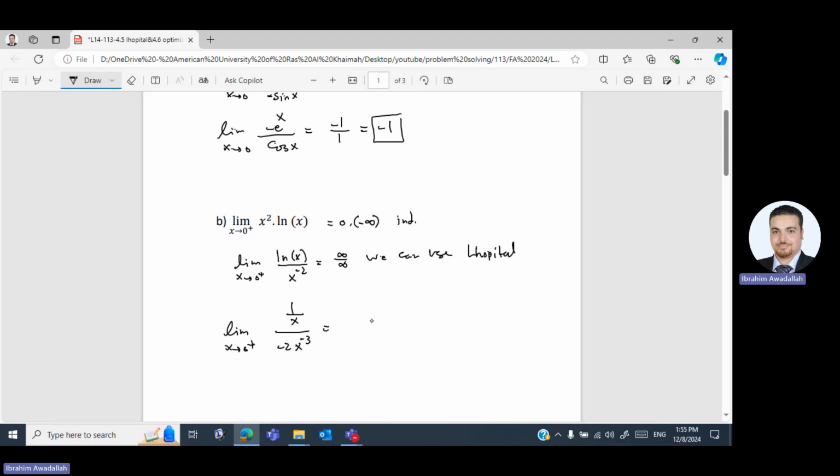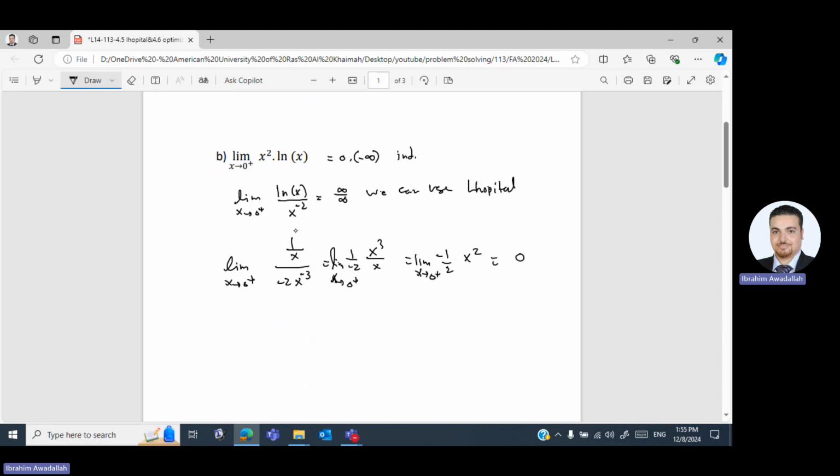Let's raise it up, will be x to the power 3 divide x, and I have 1 divide minus 2, by the way. Limit x goes to 0 from right. This will be minus 1 over 2, x squared, limit x goes to 0 from right. Then we can substitute the 0 here, then the answer will be 0.